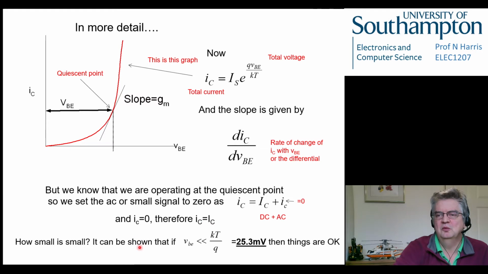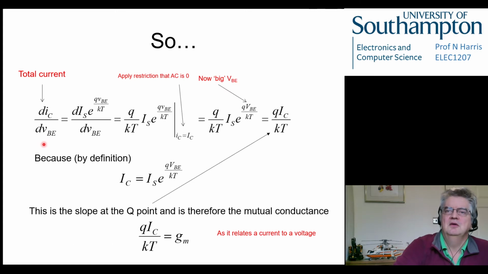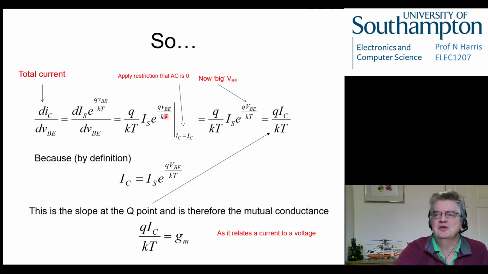Okay, and we'll worry about this in a couple of minutes. So, in formal terms then, the total current, which is the little i and the big C, differentiated, in formal terms is that. It's just a straightforward differential, and that gives us this. And if we now again constrain it so that the AC side is 0, so that little iC equals big IC, we end up with this, which is very similar, except we've just changed this to the big VBE, because that's what happens when we constrain it.